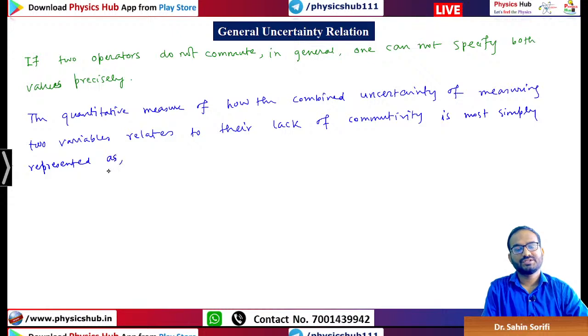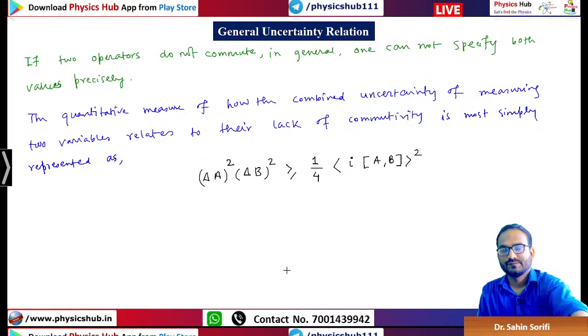this relation you should remember, this is the general uncertainty relation. Let's say you have two variables, A and B. Error in measurement of A will be delta A, error in measurement of B will be delta B. So delta A square, delta B square is greater than or equal to 1 by 4 times the expectation value of i times commutation of AB, squared.